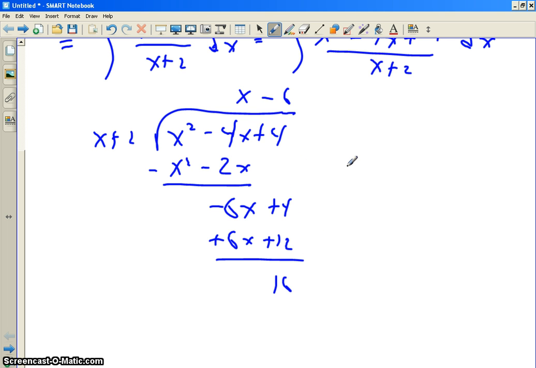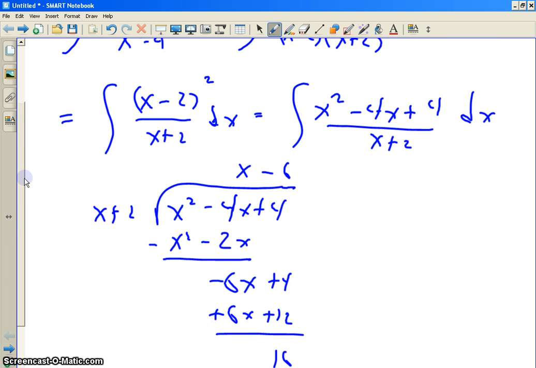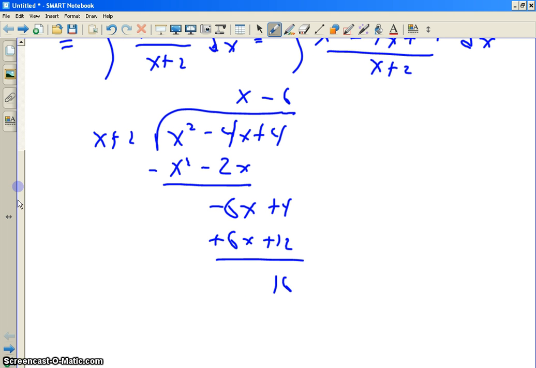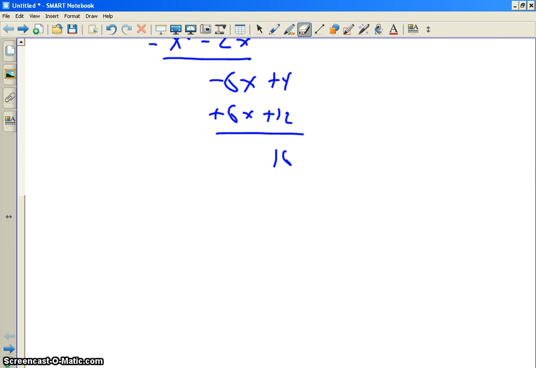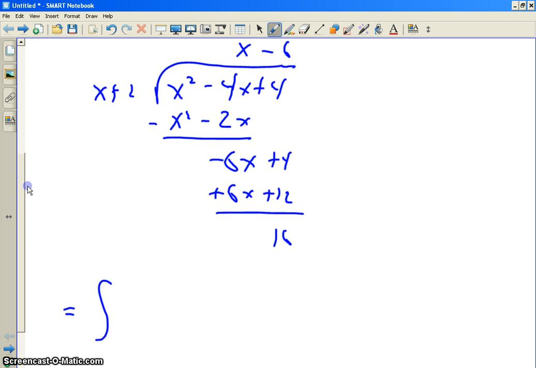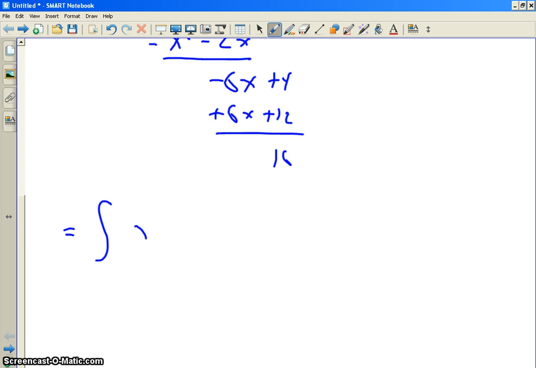So that means it's over. Right, exactly. So we can rewrite this integrand as x minus 6 plus 16 over x plus 2, all of which you know how to integrate. All right. So that becomes the integral of x, what was it, minus 6? Yeah, x minus 6 plus the remainder over the divisor, which was x plus 2.